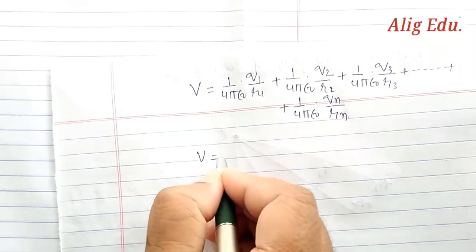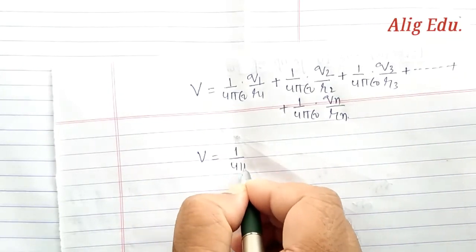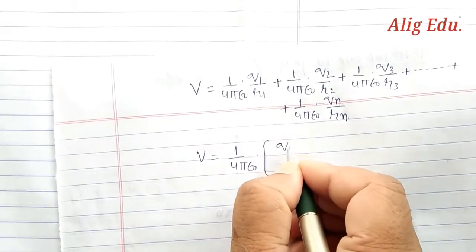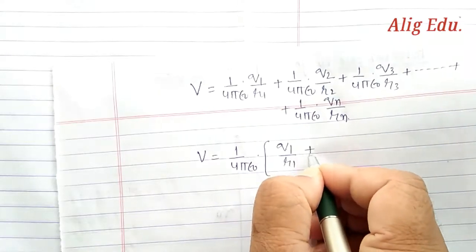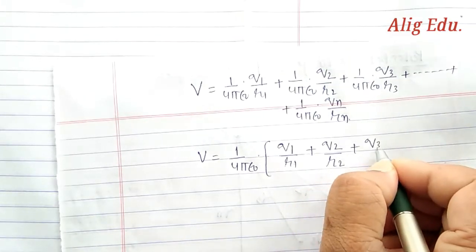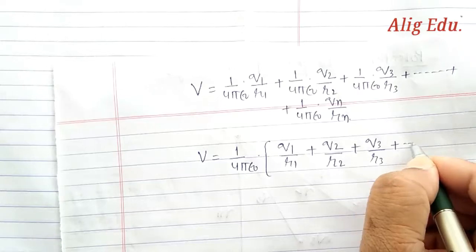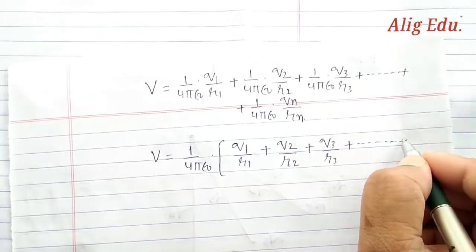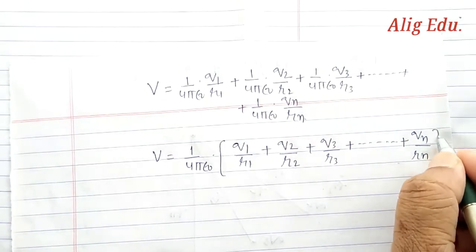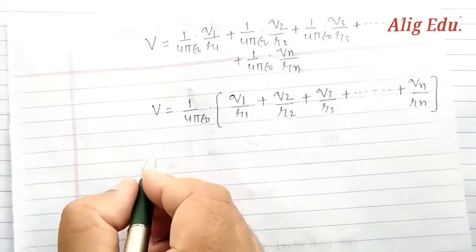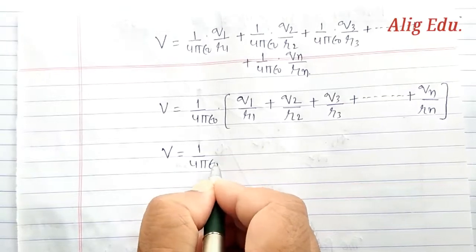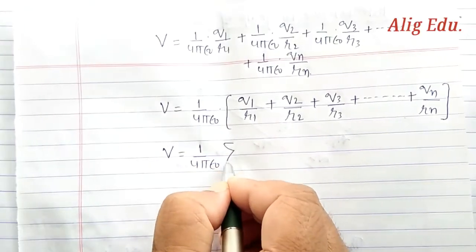This can be written as V is equal to 1 upon 4 pi epsilon naught common, Q1 by R1 plus Q2 by R2 plus Q3 by R3 up to plus Qn by Rn. This can be written in terms of summation.